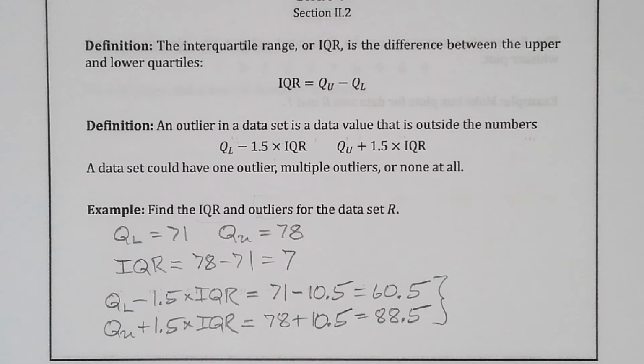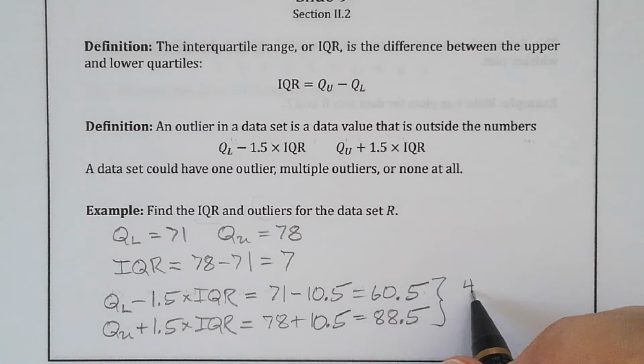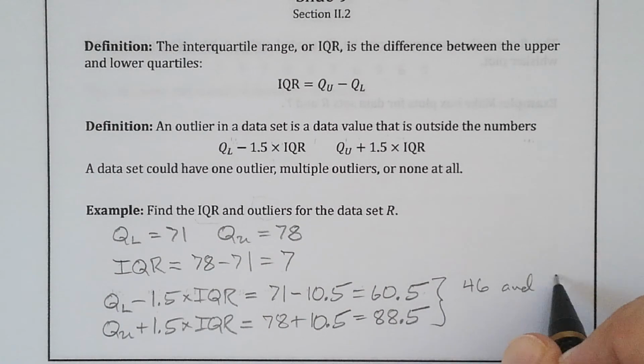And for data set R, I see 60.5, we have a 46, which is below this value. And above 88.5, we have one score, and it's a 92. So 46 and 92 are outliers.